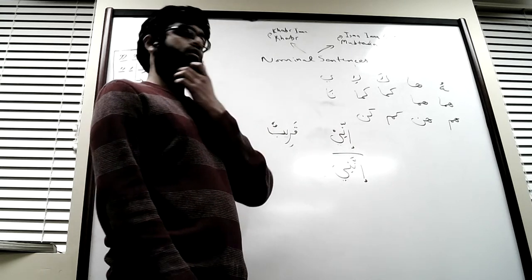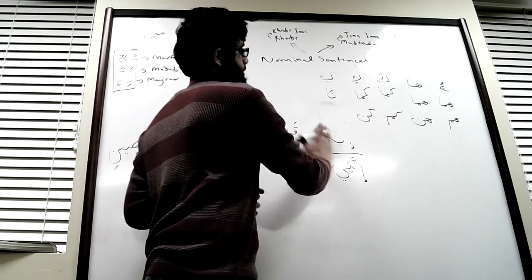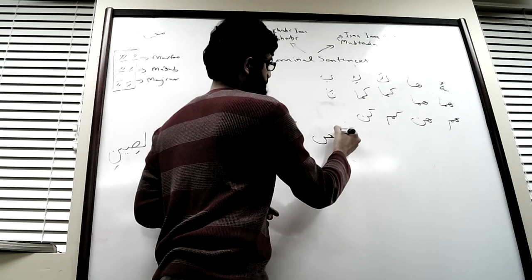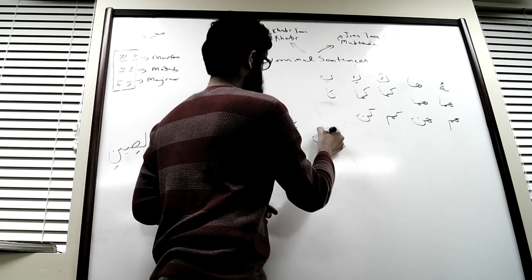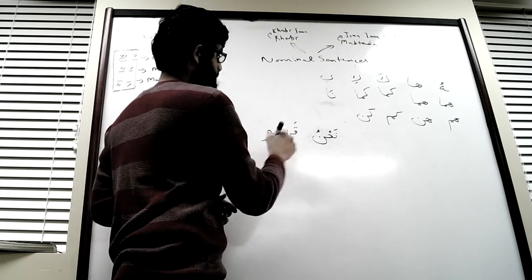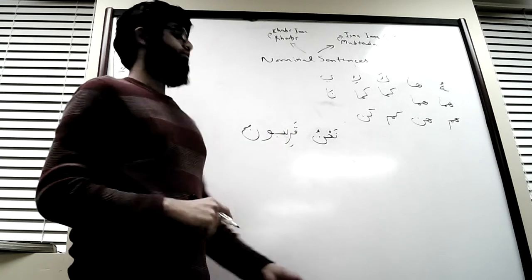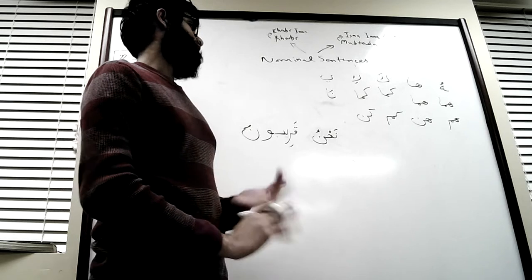Or innana. So what if it was nahnu? So let's use nahnu qaribun. Right? We have to use plural, so don't forget this part. Nahnu qaribun. We are near. So attach inna to it. What do you get?